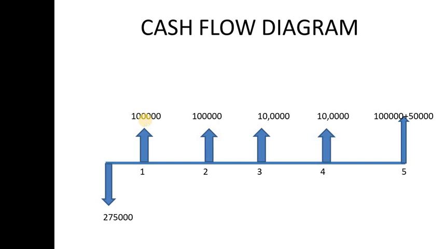The annual return I am getting is 1 lakh, and the salvage value is 50,000. So if I need to get 50,000, how much should I pay annually? That I should calculate. That is the cash flow diagram.